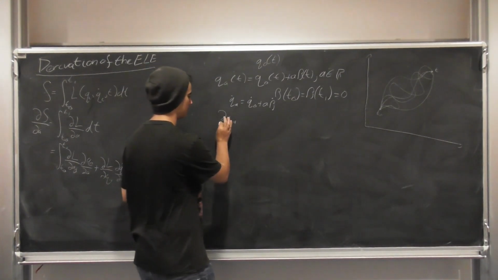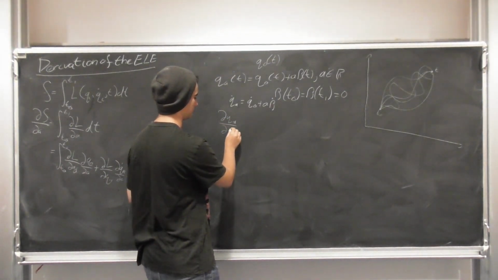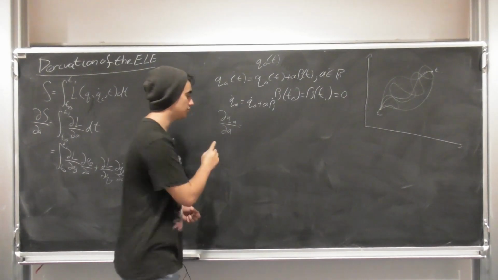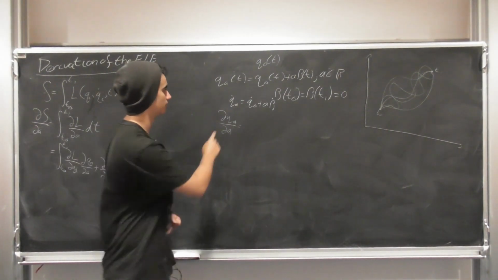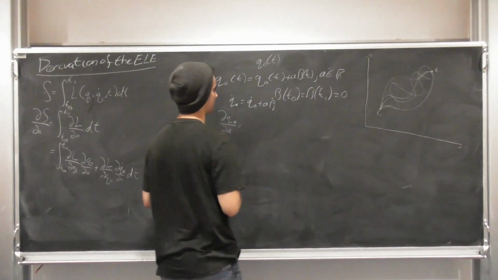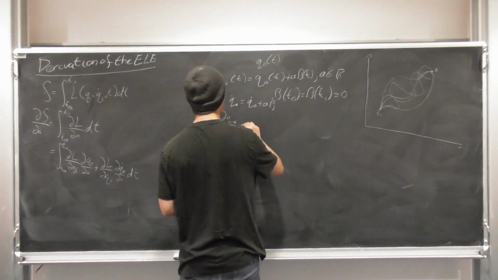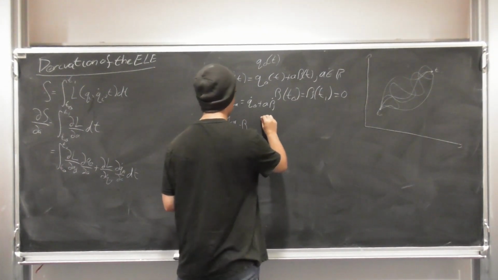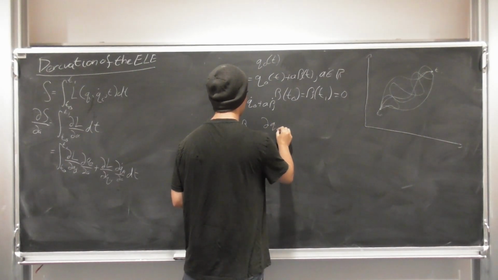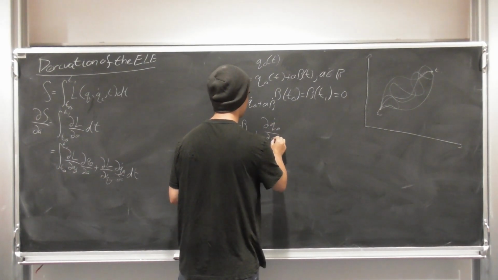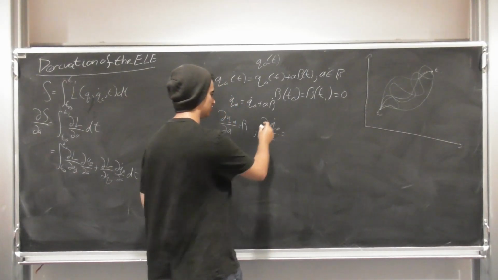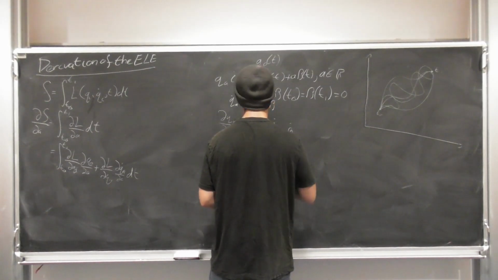Okay, so now dq_a/dA, we'll see that this is just beta, and likewise dq̇_a/dA, we'll find that this is just beta dot, okay?